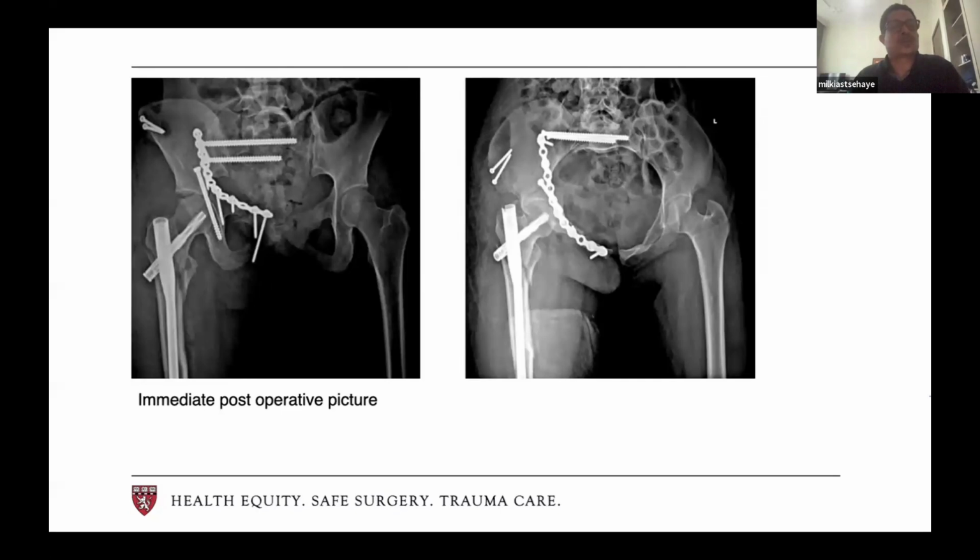We need to have good views intraoperatively with fluoroscopy. The inlet view has to be there, so that we are sure the screw is not going either anteriorly or posteriorly. And then the iliac oblique view would help us confirm the screw is not going superiorly or inferiorly, or into the joint.